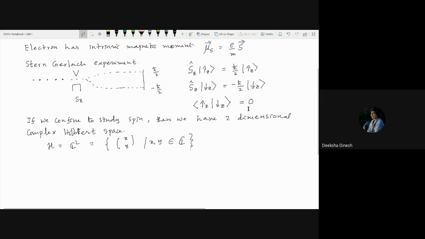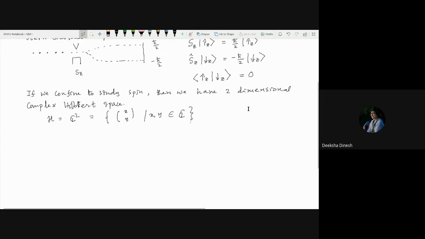Now, Sz is a Hermitian operator, and the eigenstates of a Hermitian operator form a basis. We can call that the Sz basis, the eigenbasis of Sz, which is up z and down z, these two basis vectors.